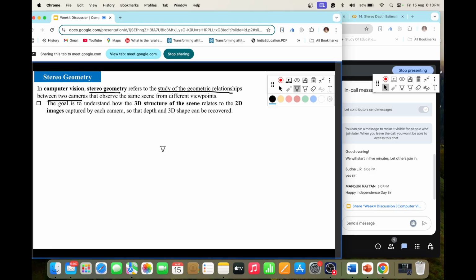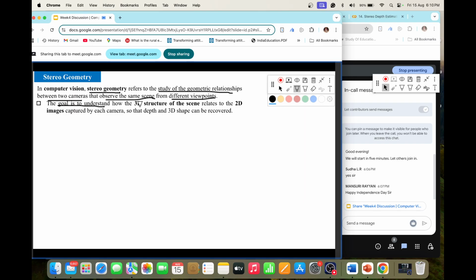Again, stereo geometry refers to the study of the geometrical relationship between two cameras that observe the same scene from different viewpoints.